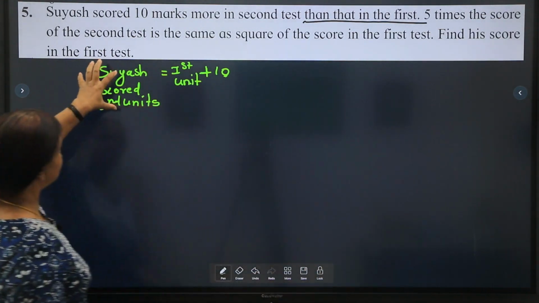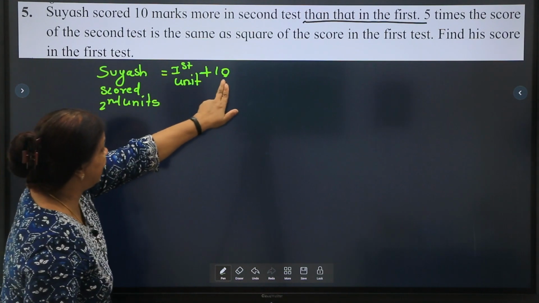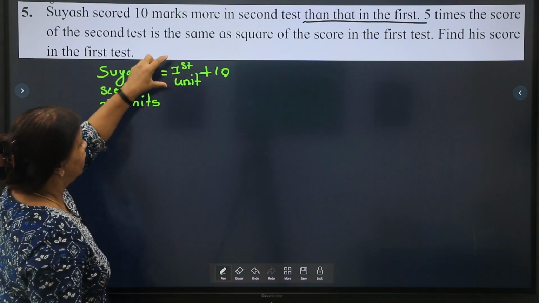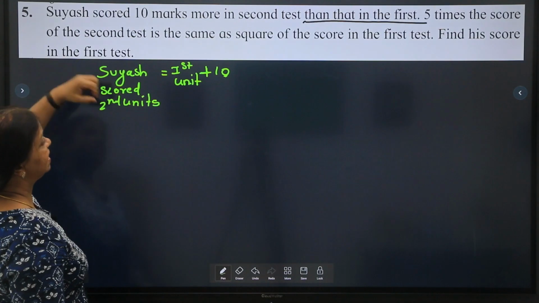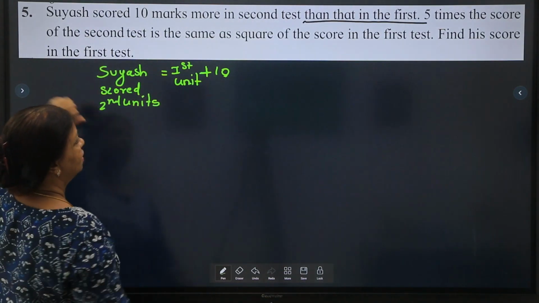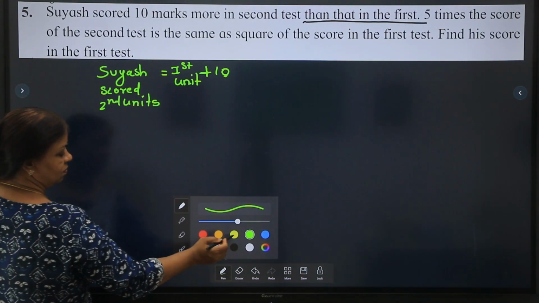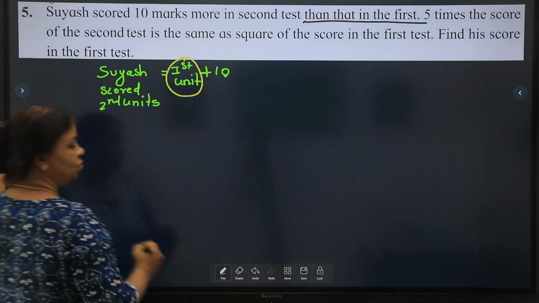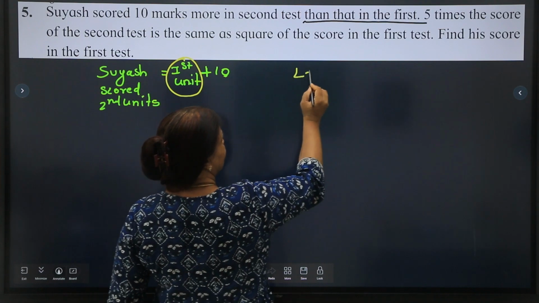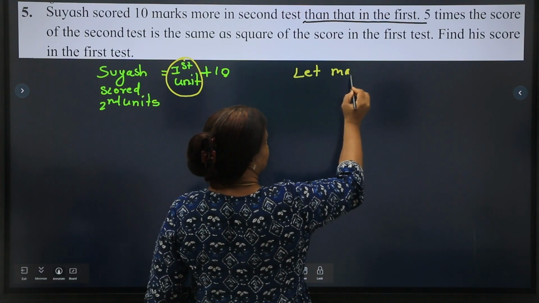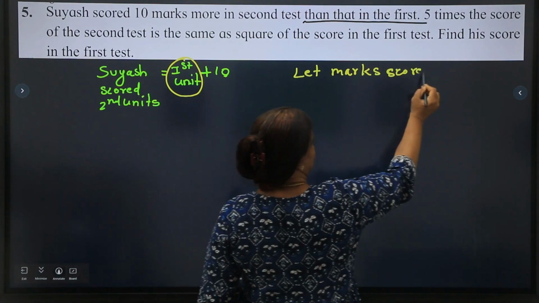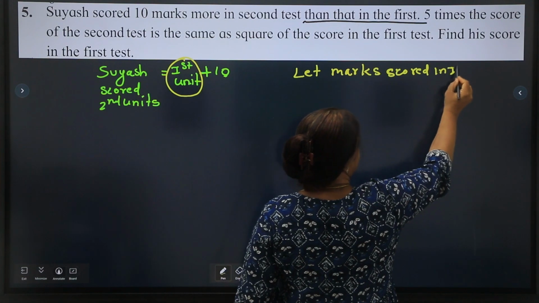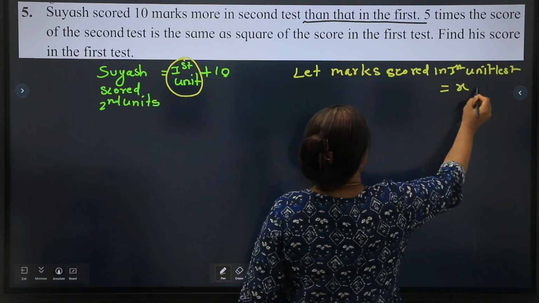See, Suyash scored 10 marks more in the second unit test than in the first unit test. So let us assume, let marks scored in the first unit test be equal to x.